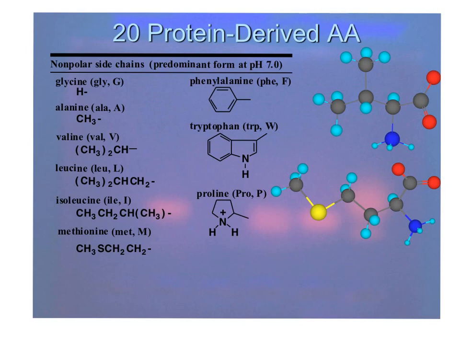Where it gets confusing is with the exception of glycine. I'm trying to think if there are any other exceptions. No, with the exception of glycine, every R group has at least one carbon hanging off of it, and there's always a linking carbon. Well, the methyl group, there's only one carbon. I say that because if you look here at phenylalanine, this looks like a benzene ring.